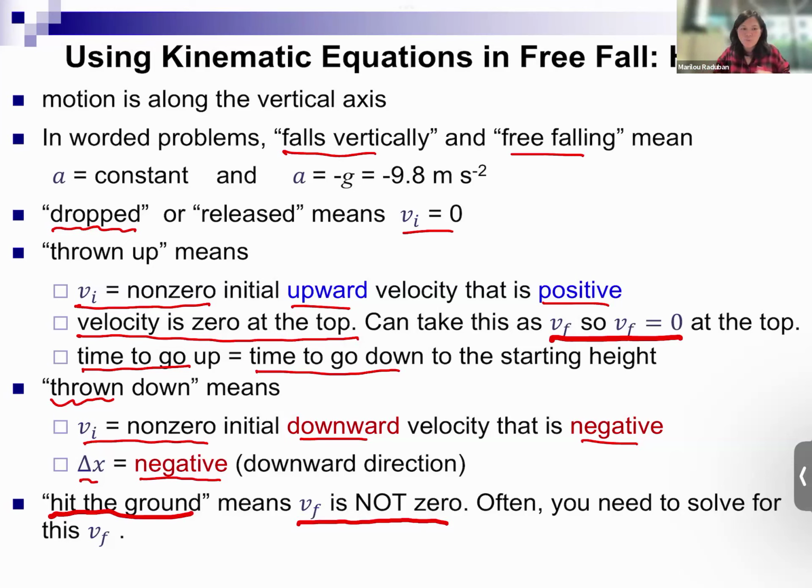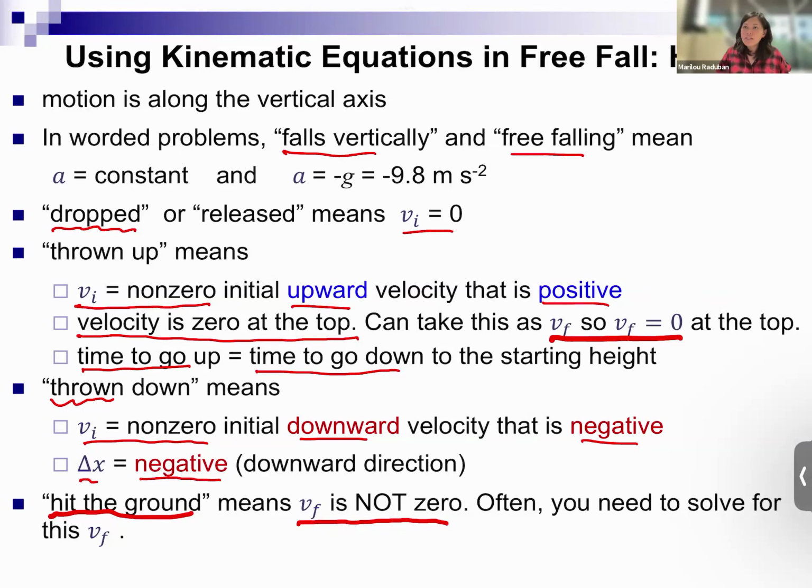You can try it: drop a pen on your desk. Notice how when it hits your desk, it doesn't stop abruptly. Sometimes it bounces off, but it's still moving somehow. So the final velocity is not zero, and often we ask you to solve for this final velocity.